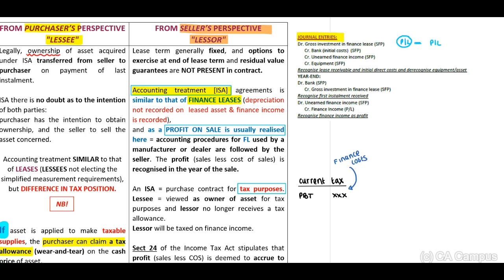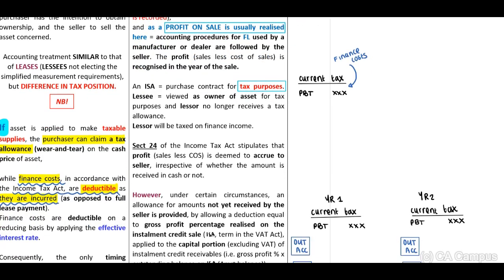Then when you look at this for tax purposes, remember, our lessor will now not be the owner, our lessee will be the owner, and our lessor, remember when you think about your current tax calculation, we need to take out our accounting rules. Therefore, our owner of this asset for tax purposes is our lessee.